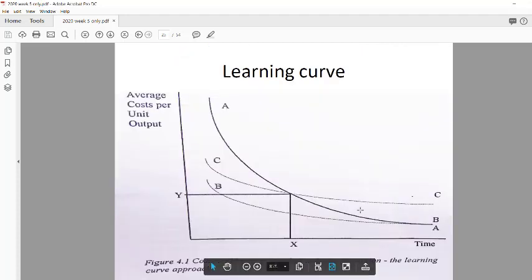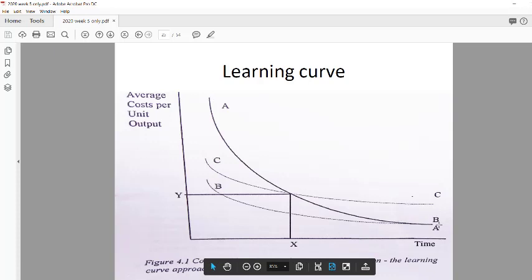So here's the graph relating to this information. The curve AA here is your domestic learner curve, or the way of looking at your average cost over time, or your average cost according to accumulated total production.